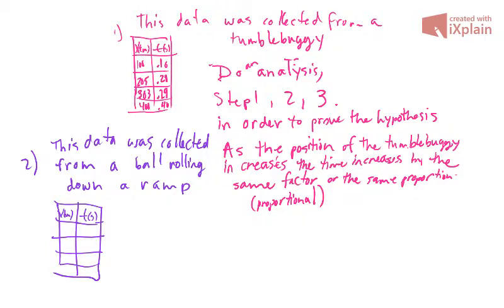And so let's say it's 0.2 seconds, 0.4 seconds, 0.6 seconds, 0.8 seconds. And your distance, 1 meter, 2 meters, 4 meters, 8 meters. I'm making this nice.